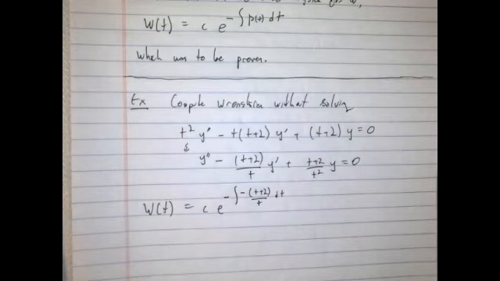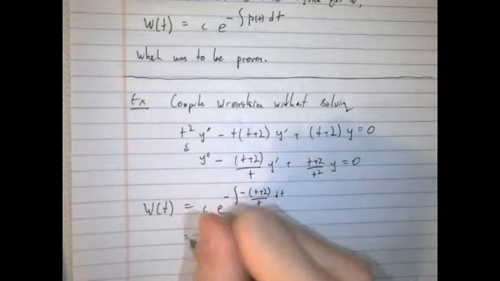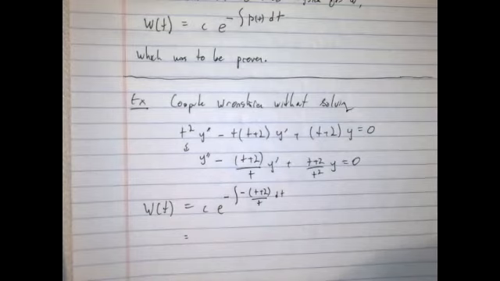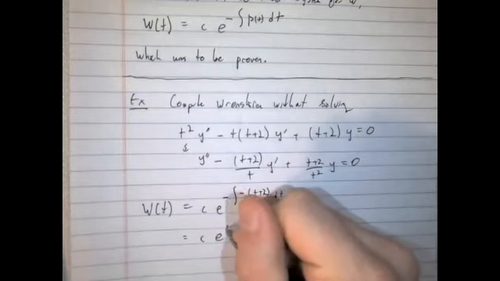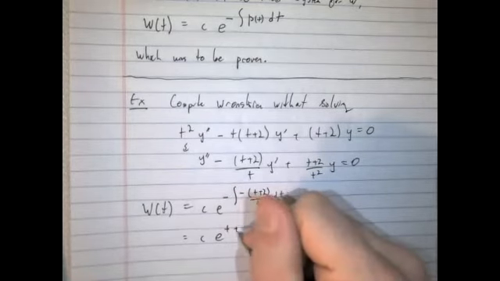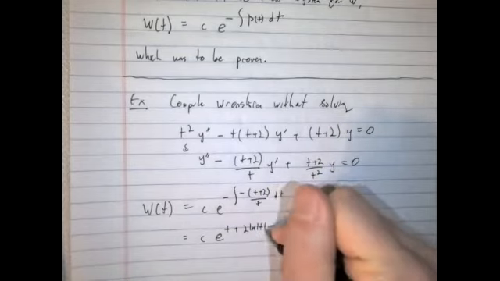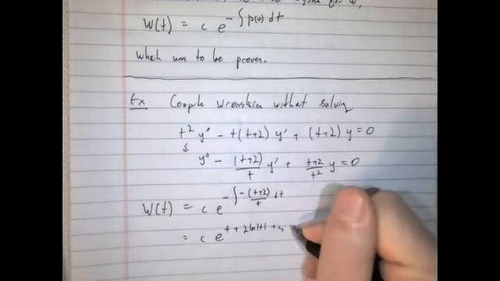What's the antiderivative? And we can pull this negative out. So what's the antiderivative of (t+2)/t? t + 2 ln t. Yeah, so this is going to be e^(t + 2 ln|t| + c1).